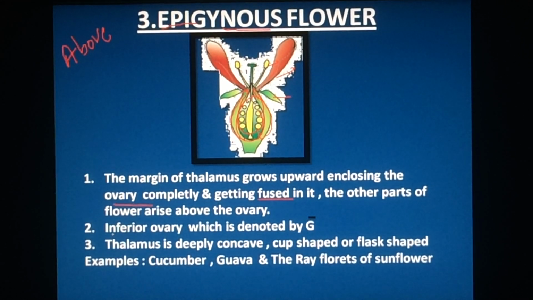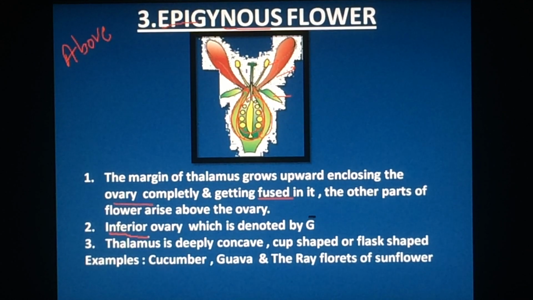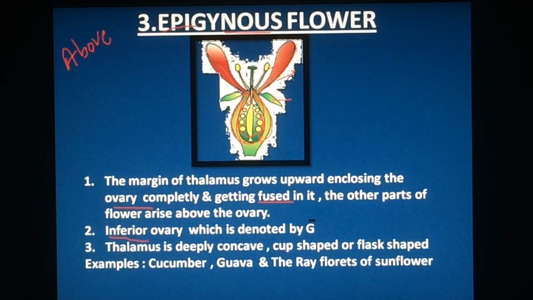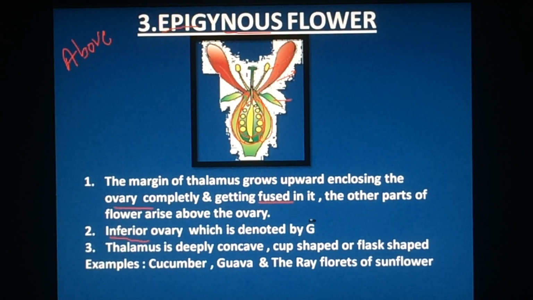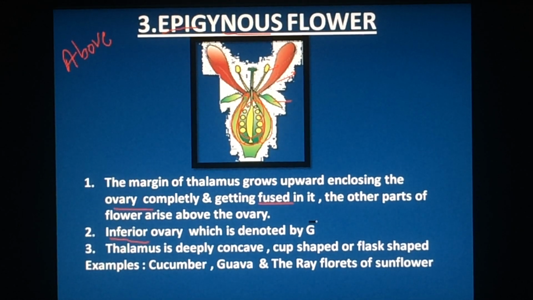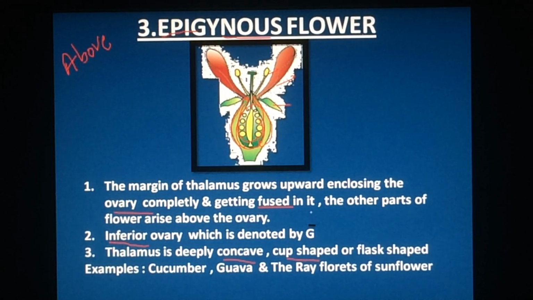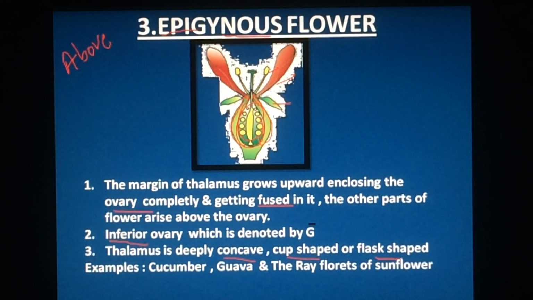That's why ovary is present below. It is called inferior. How to denote this? G. On G, one line has to be drawn over there. Then what is the shape here of the thalamus? It is concave, cup shaped, deep cup shaped, flask shaped.